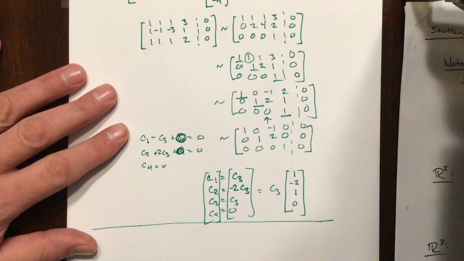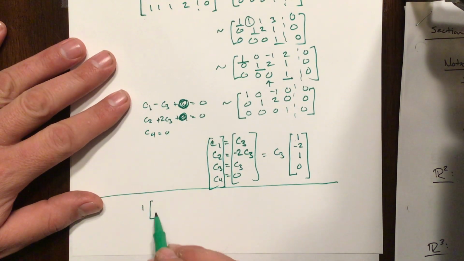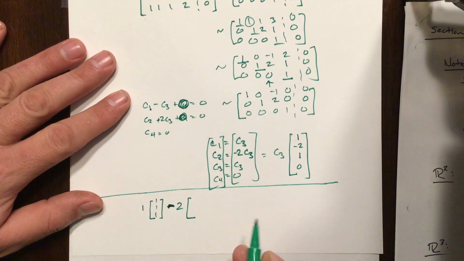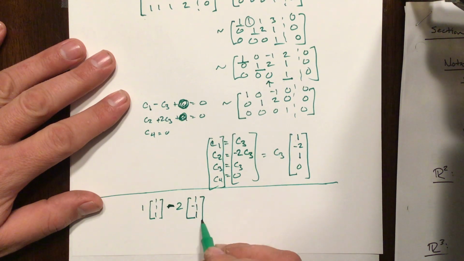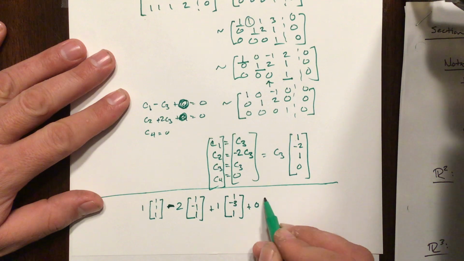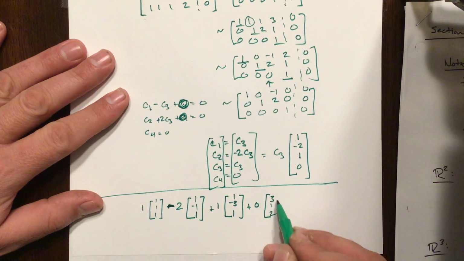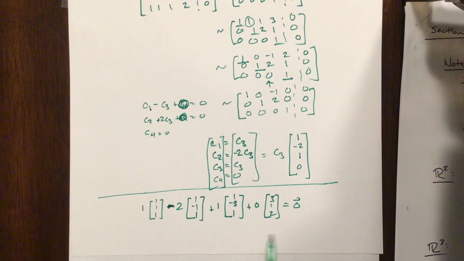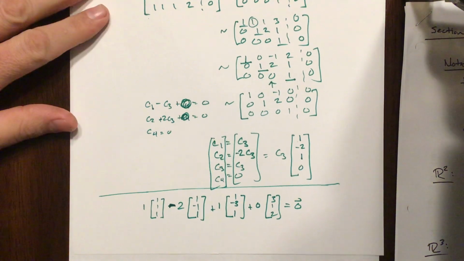I can say that 1 times the vector (1, 1, 1) minus 2 times the vector (1, -1, 1) plus 1 times the vector (1, -3, 1) plus 0 times the vector (3, 1, 2) is equal to the 0 vector. And so I found a way of obtaining the 0 vector with coefficients in this linear combination that are not all 0. There you go. Question answered.